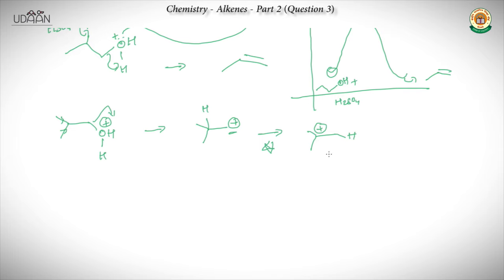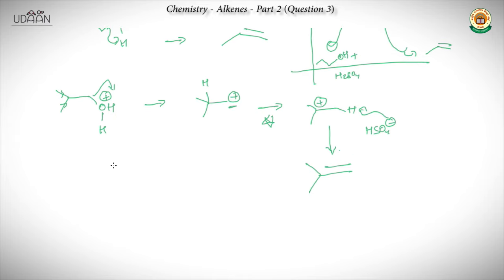And the next one is, now HSO4 minus attacks on the backside and you will get alkene. So first write what are the elementary reactions that have taken place. First, A is formed from here. So this is the first step.